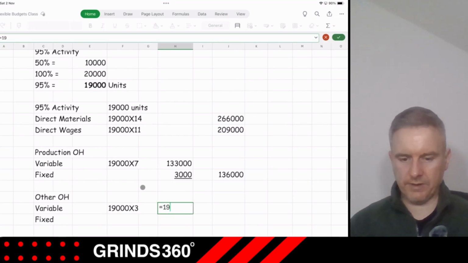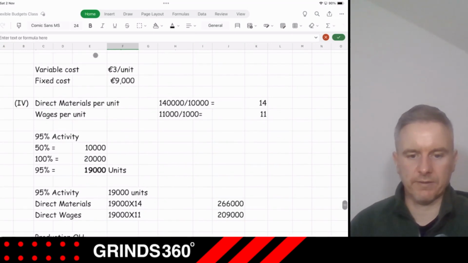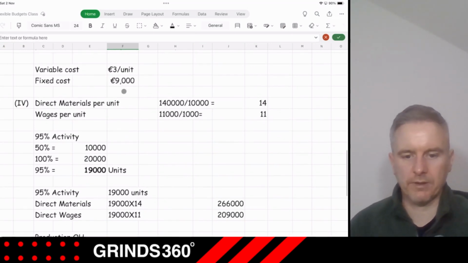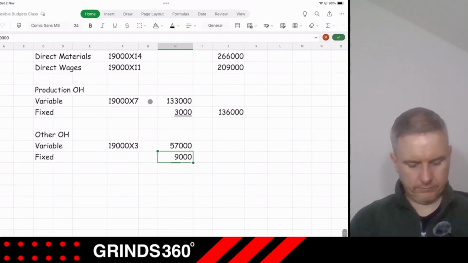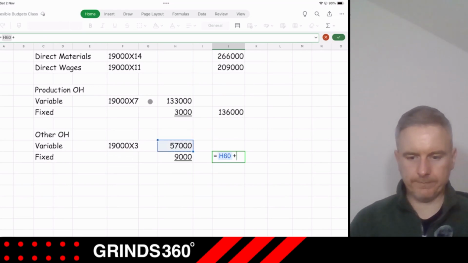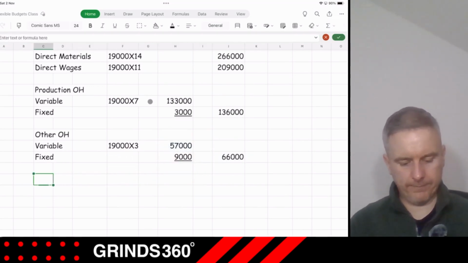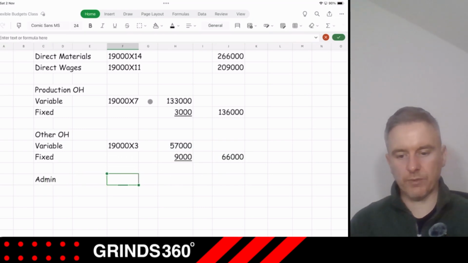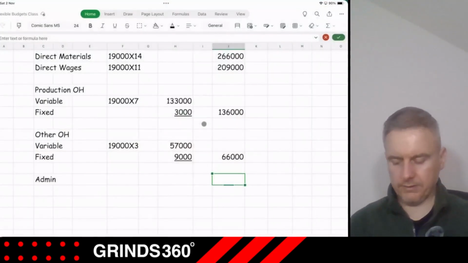So you have your 19,000 times 3, and then the fixed element was just my 9,000, and just so you see where I'm taking it from, the 9 there. And again, you're just putting in the total there. And then your admin. So because the admin is fixed, it's going to stay at 28,000.